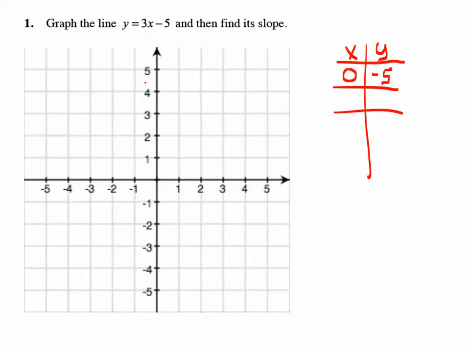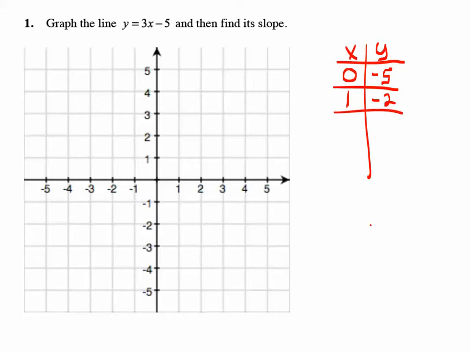Remember from yesterday's class, if this was a fraction, then we want to multiply by the denominator or a multiple of the denominator. In this case, I'm going to plug in a 1. Let's see, 1 times 3 is 3, subtract 5 would make a minus 2 or a negative 2.